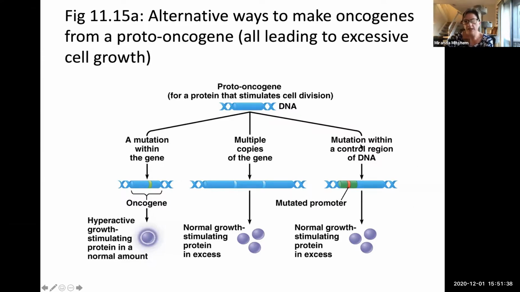And then finally, if there's a mutation in a region associated with the control of cell growth, we again get too much of these growth proteins, leading to too much excess of that protein. So these are all three different examples of how an oncogene is converted from a proto-oncogene.